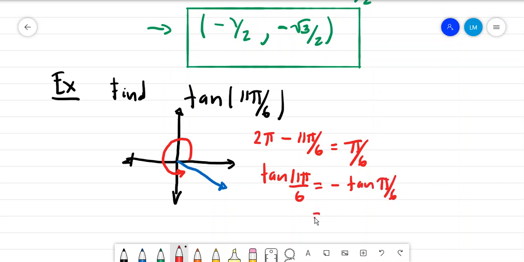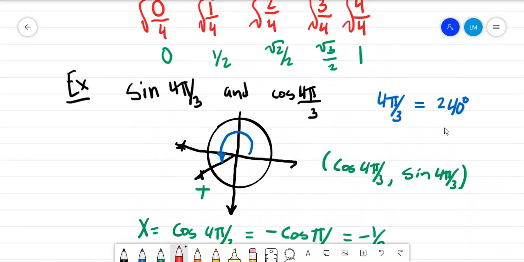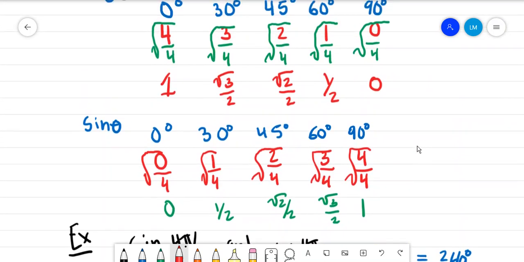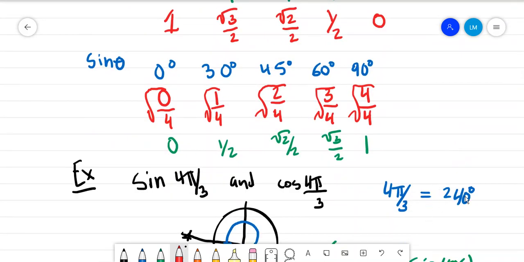Okay, this is where things get a little weird because you have to use tangent of pi over 6. So if you either go back here or you have a trusty unit circle, that's good. So pi over 6 is 30 degrees. Essentially that's just 1/2 divided by root 3 over 2.